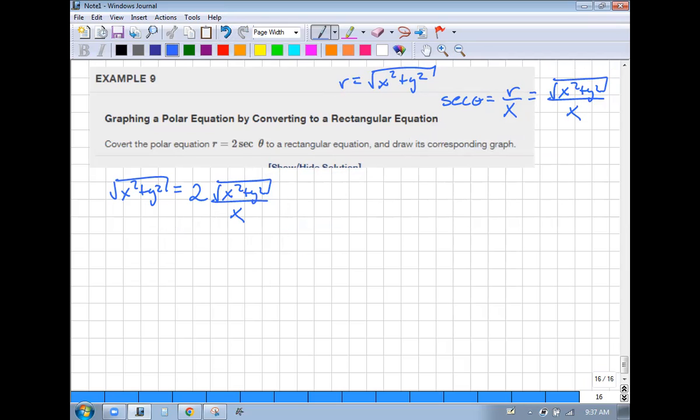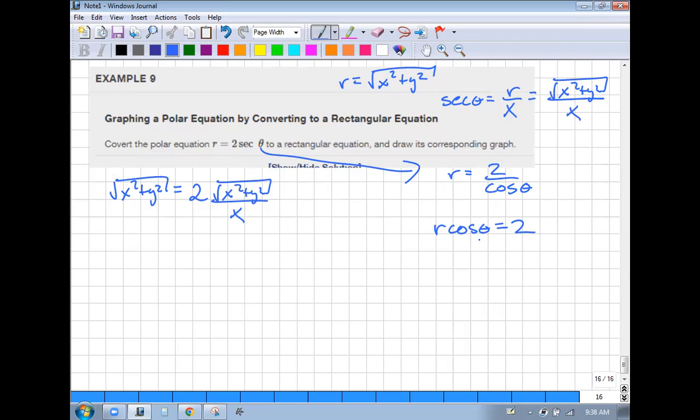Well, this thing is actually the same thing as x equals 2. Why is that? Instead of just plugging stuff in mindlessly, let's manipulate this stuff. Secant theta is 1 over cosine, right? So I just replace secant with 1 over cosine. If I multiply both sides by cosine, I get r cosine theta equals 2, right?